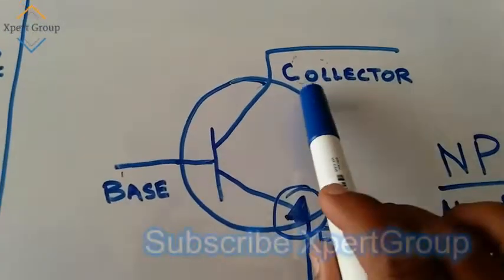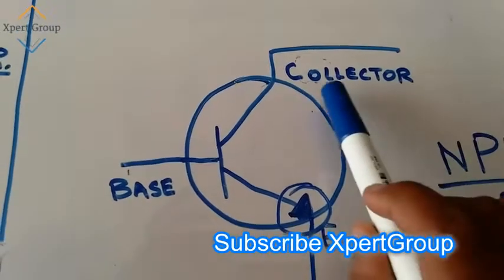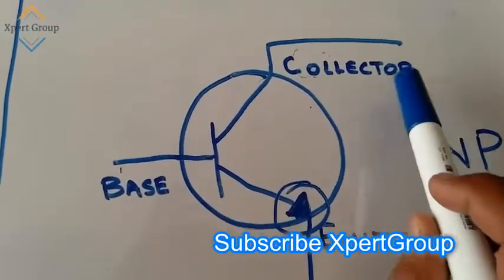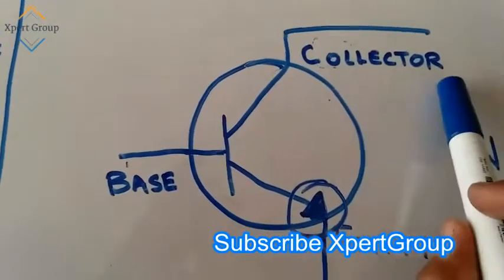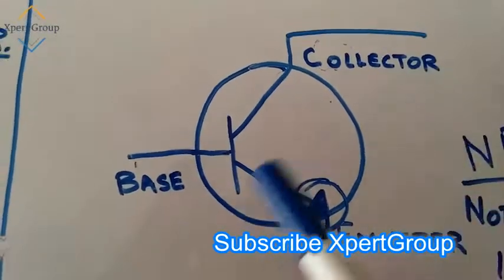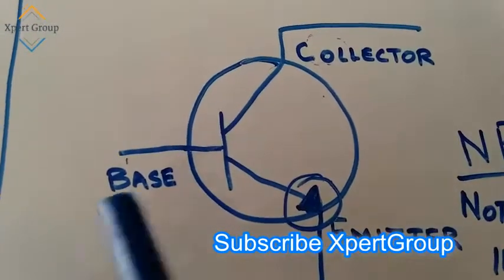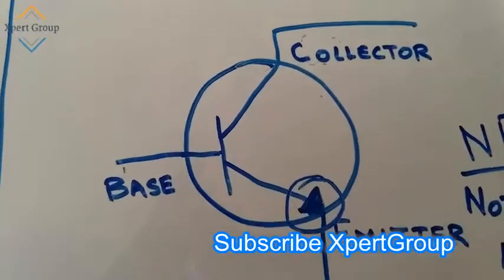And from the name collector, it is evident that it collects the electrons or the current. So these three parts, emitter, base, and collector, are the main parts of the transistor.